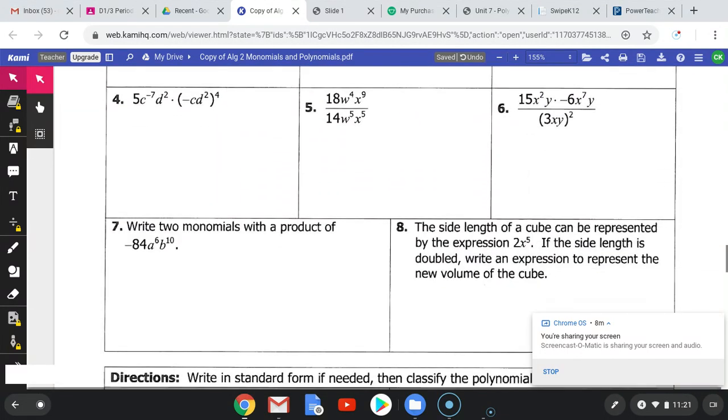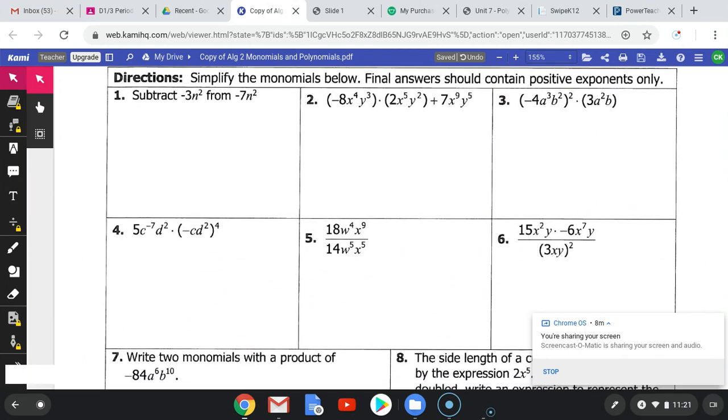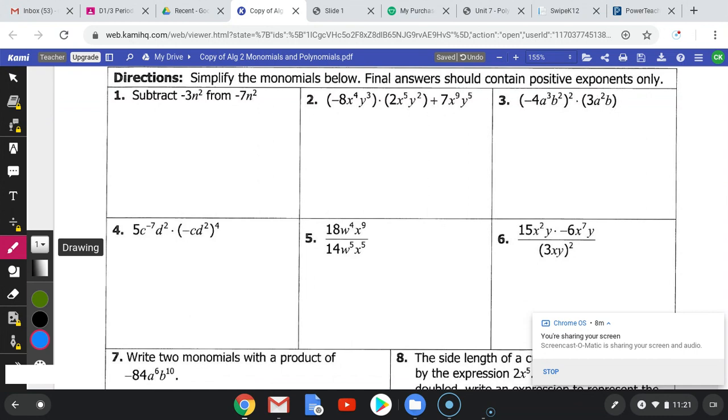So what I would like you to do is, let me see here. I would like you to do numbers 2, 3, 5, 6.